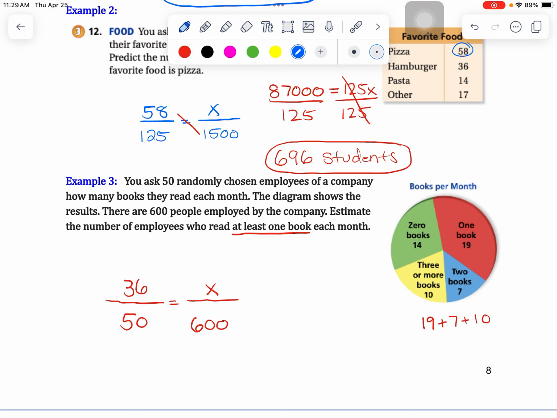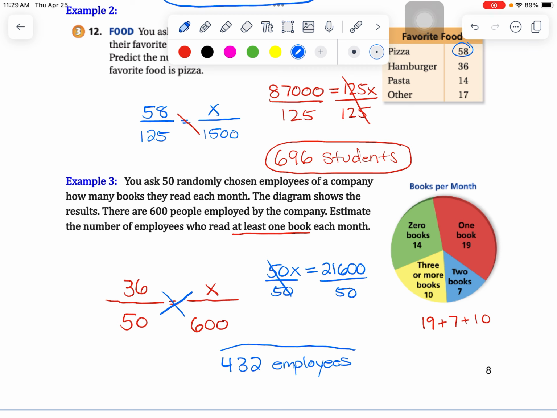So I get 50x equals 36 times 600, which is 21,600, and I'm going to divide by 50, and that gives me 432 employees who read at least one book.